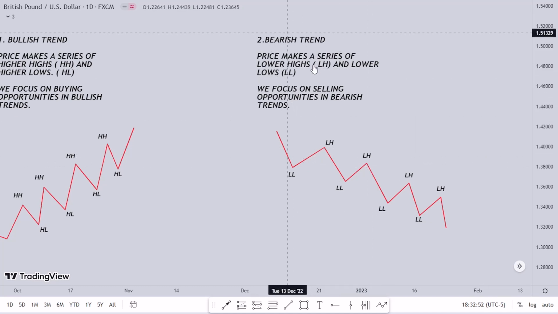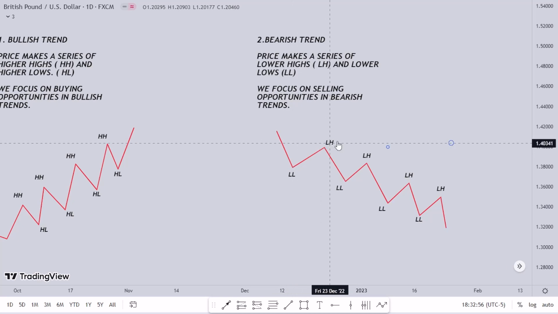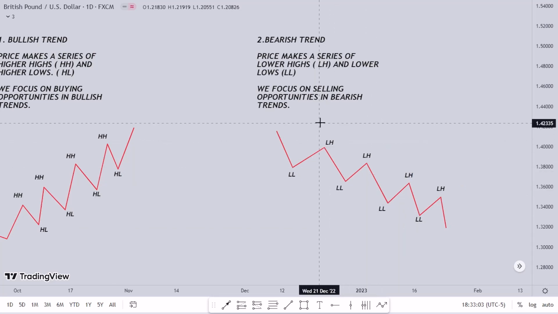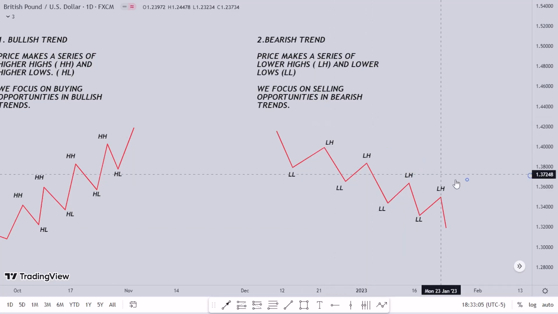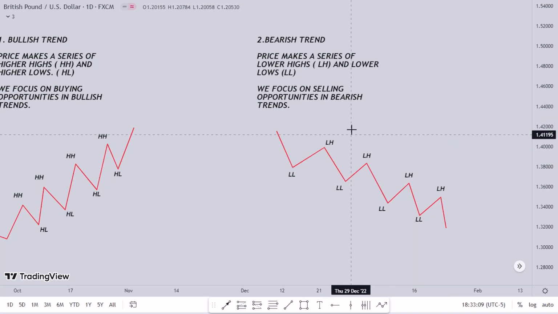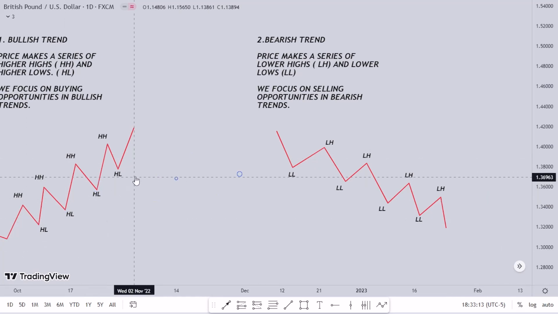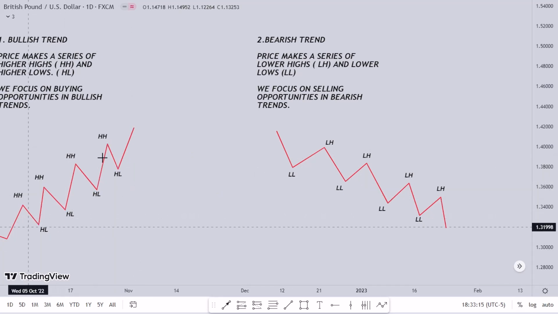And so in a bearish trend, price sustainably trends lower highs and lower lows. If you see this in price, you know that market is in a downtrend or a bearish trend. When you say bearish, trend is going down. When you say bullish, trend is going up.